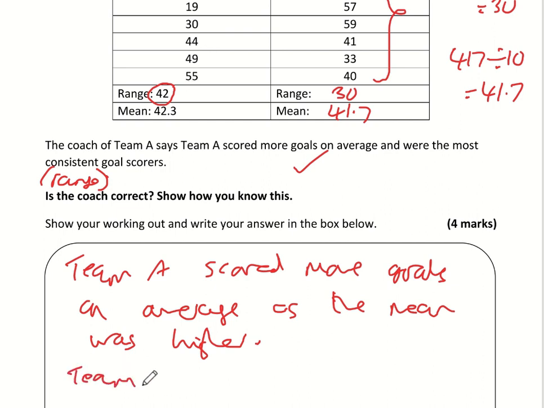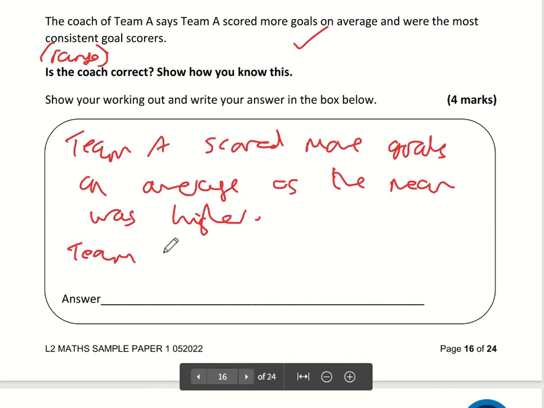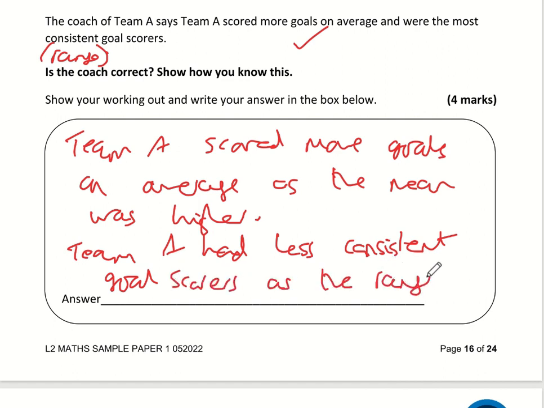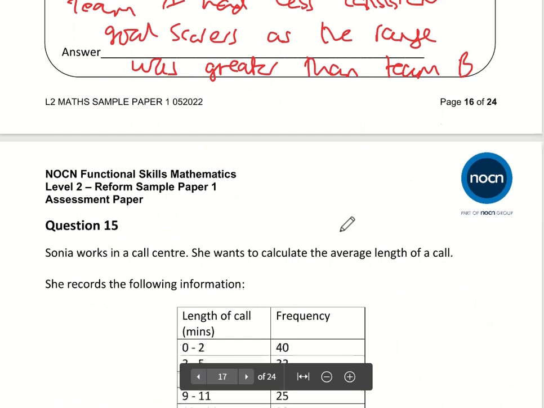So we can say Team A had less consistent goal scorers as the range was greater than Team B. So always think about consistency and range being linked. The bigger the range, the less consistent. The smaller the range, the more consistent.